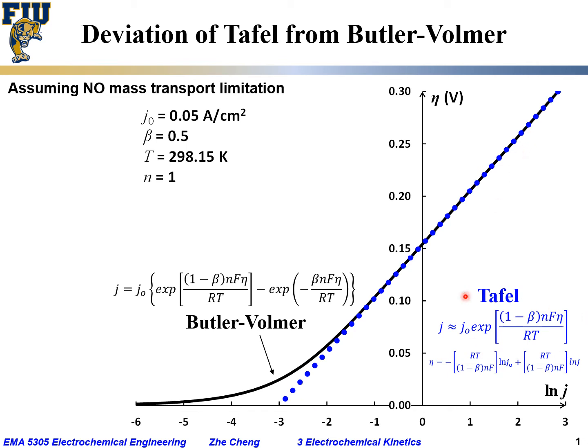And then with this relationship, we have a strictly linear relationship with the slope term b equal to RT over (1 minus beta) times nF. That gives us the slope for this Tafel relationship between overpotential and the natural log of current density.